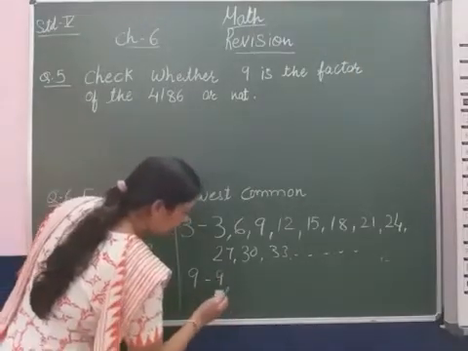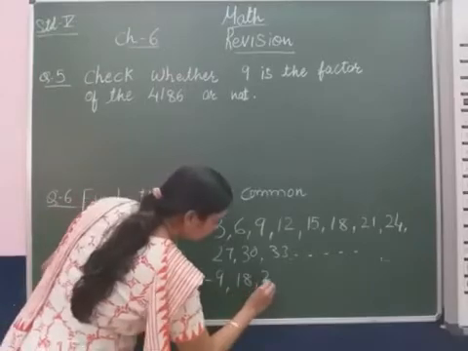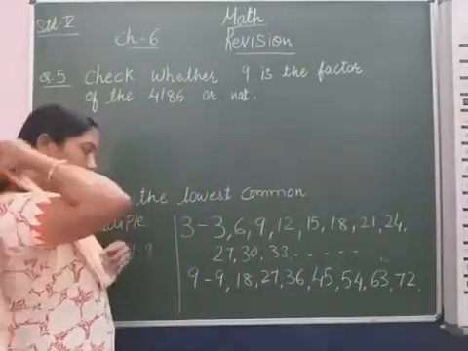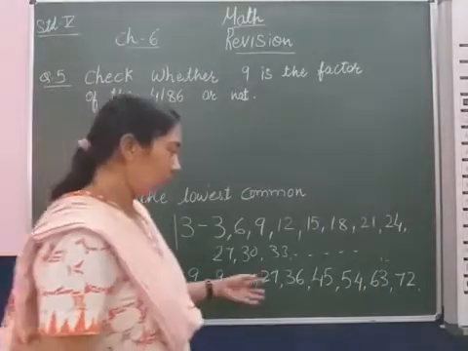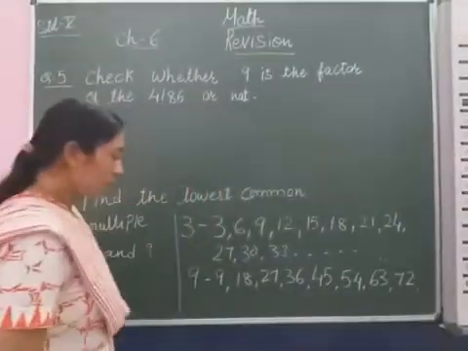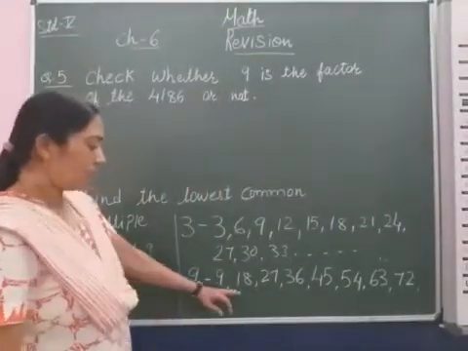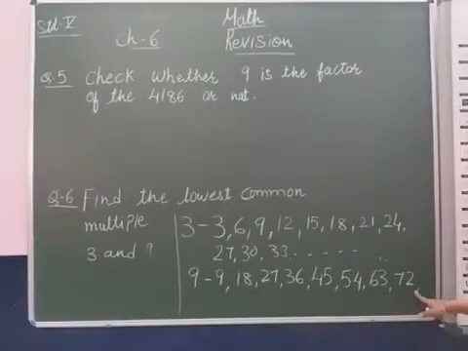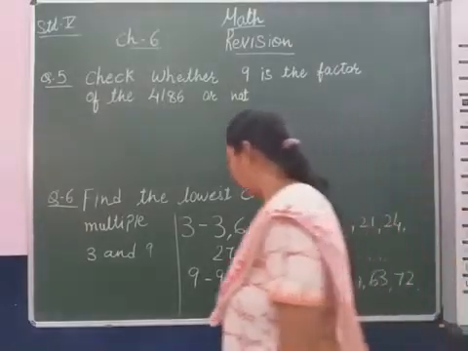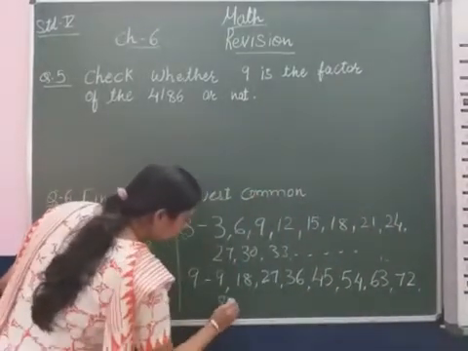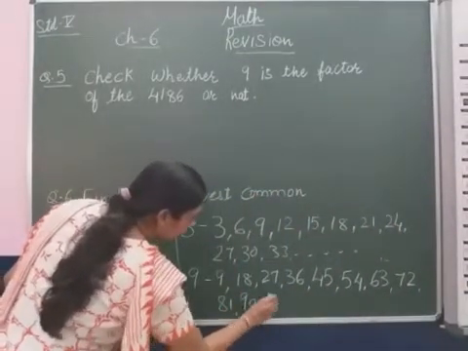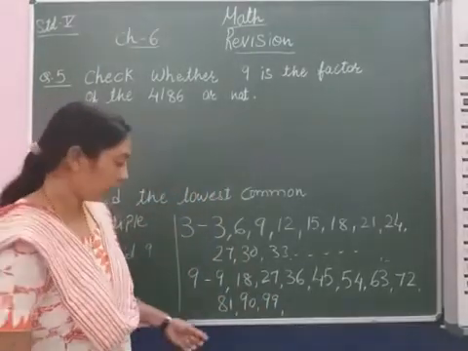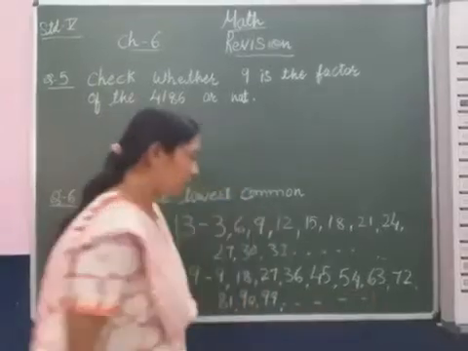First we write 9, 18, 27, 36, 45, 54, 63, 72, 81, 90, 99. This way it goes on. We put dashes here.